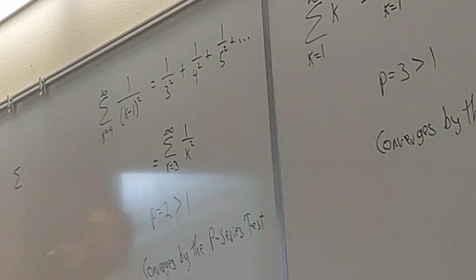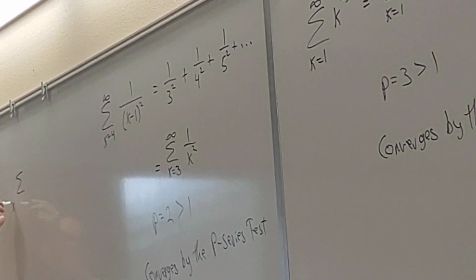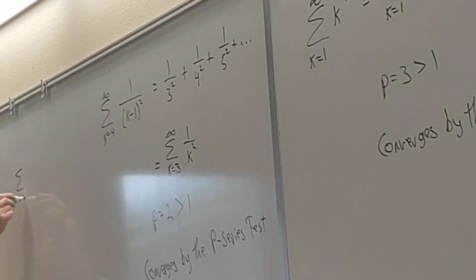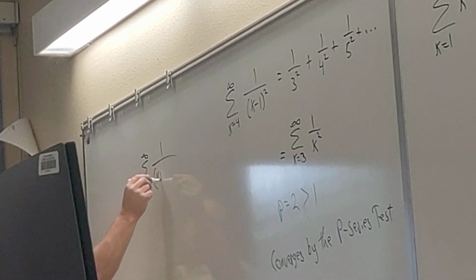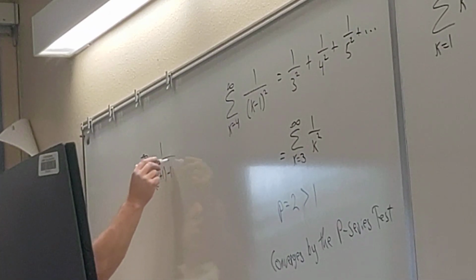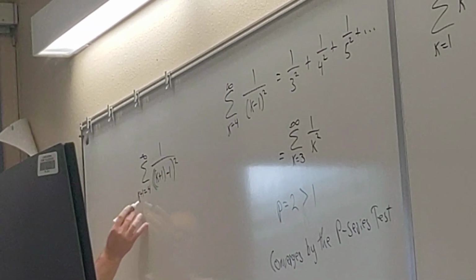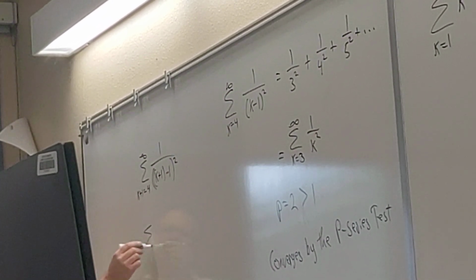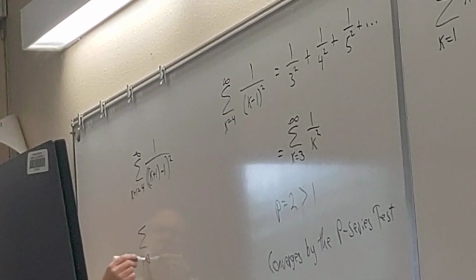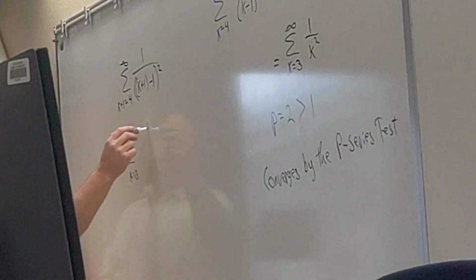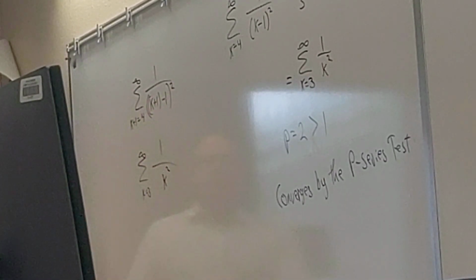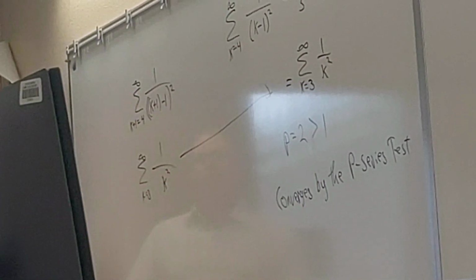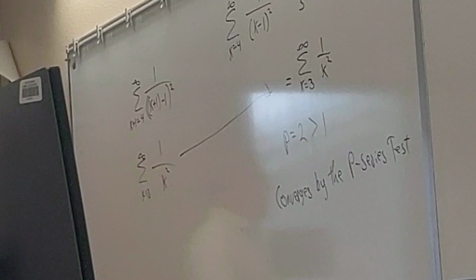So if we put k plus 1 in place of k, now subtract this 1 from each side and you get k equals 3 to infinity. And simplify this inside here and you get just k squared. So that's another way to think about it.